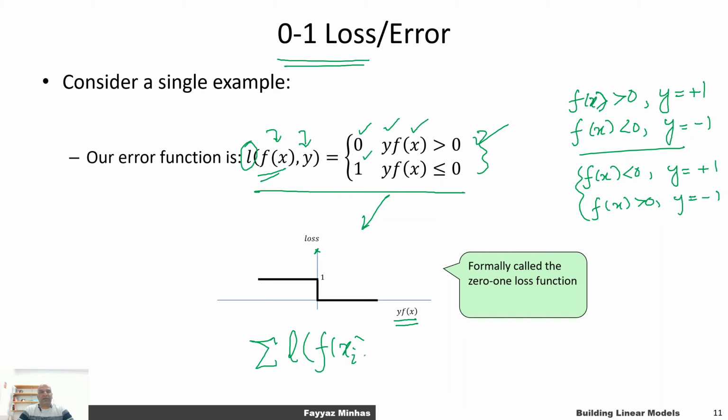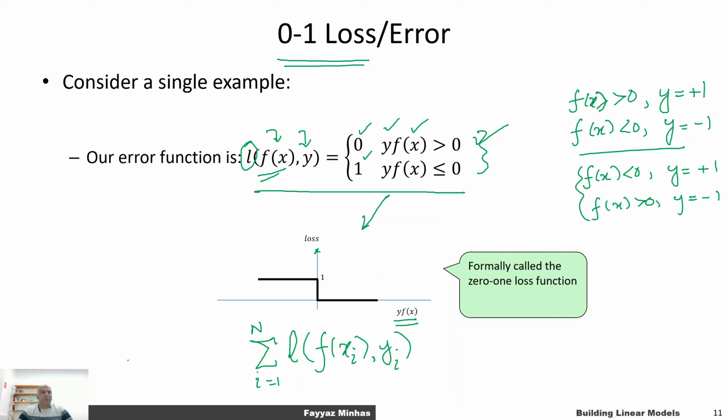So if we indicate a given example in your training set as xi, then we compute the discriminant function score of that example, and we compute the loss function with the corresponding target value or the label, and we sum it up for all examples in our training set. So this is simply a summation of the losses for individual examples.